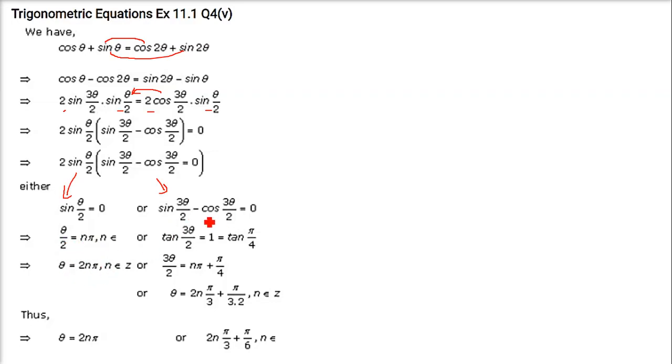How about this one? This is sin 3 theta by 2 minus cos 3 theta by 2. Now you can divide both sides by cos 3 theta by 2. So cos 3 theta by 2 here, here, and here also. So what do you get? Here you get tan, here you get 1, here you get 0.